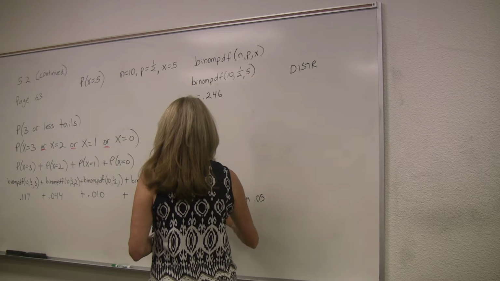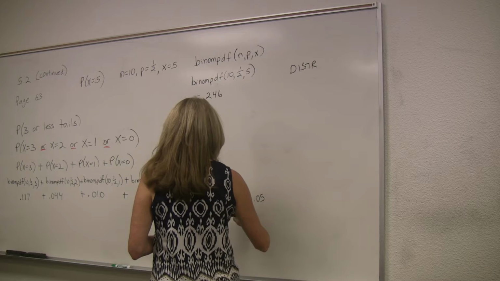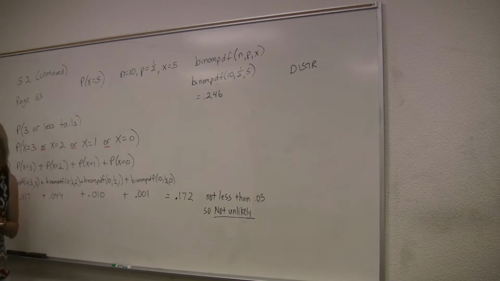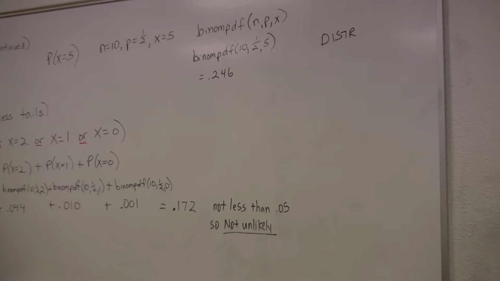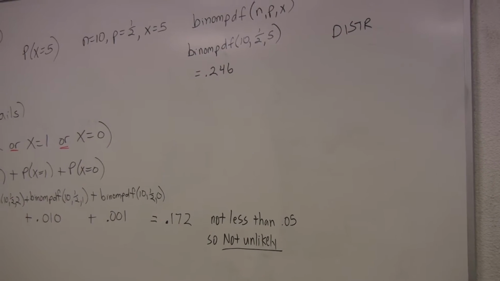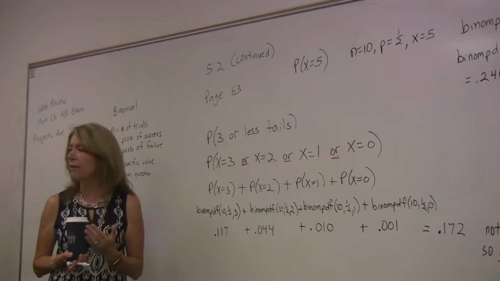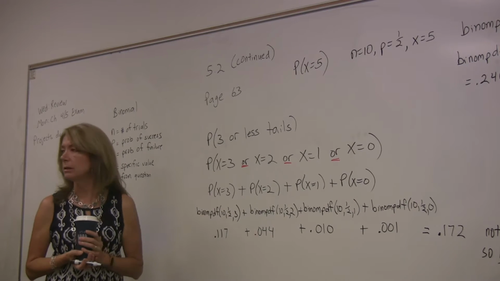So it's not unlikely. Which means that 3 is not a significantly low number of tails. It seems kind of low, but it's not significantly low. It's not so low that we're a little confused and worried about it.